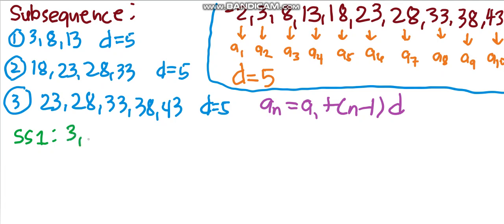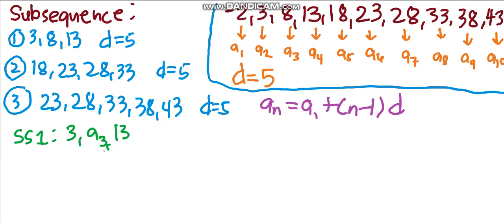So, a sub 2, for example, 8, is absent, and then a sub 4, 13, is present. We said that for a subsequence, you should know its first term and also its last term.